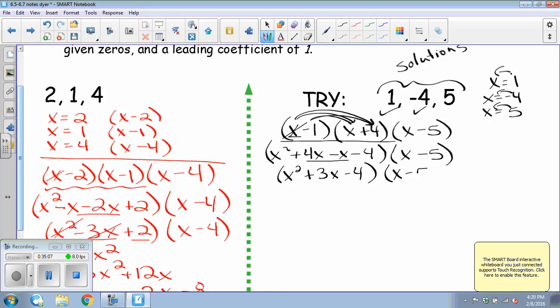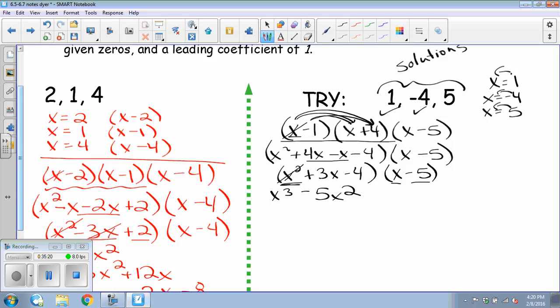times x minus 5. So now I distribute the x squared. So x squared times x is x to the third. x squared times negative 5 is negative 5x squared. I'm done distributing that one. 3x times x is plus 3x squared. 3x times negative 5 is negative 15x.